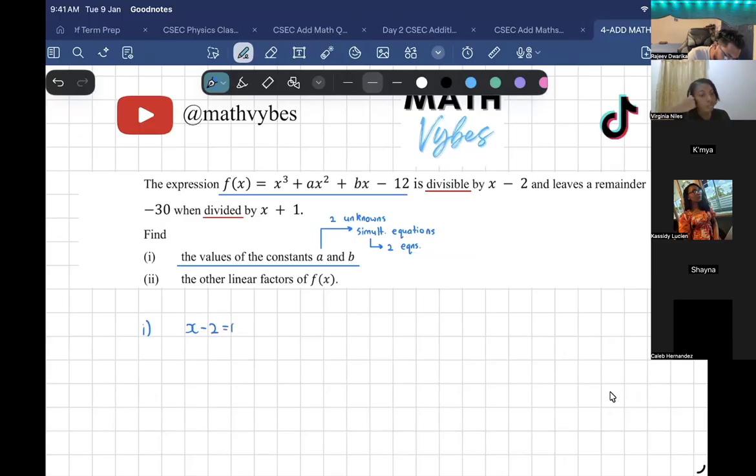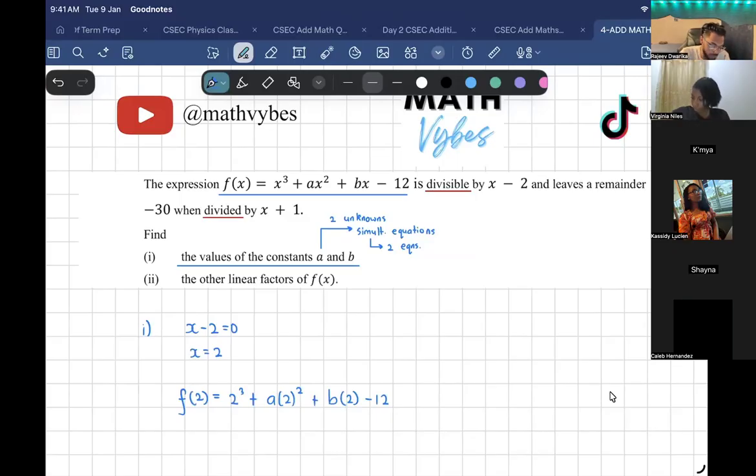So f of 2 is equal to 2 cubed plus a times 2 squared plus b times 2 minus 12 equals 0.